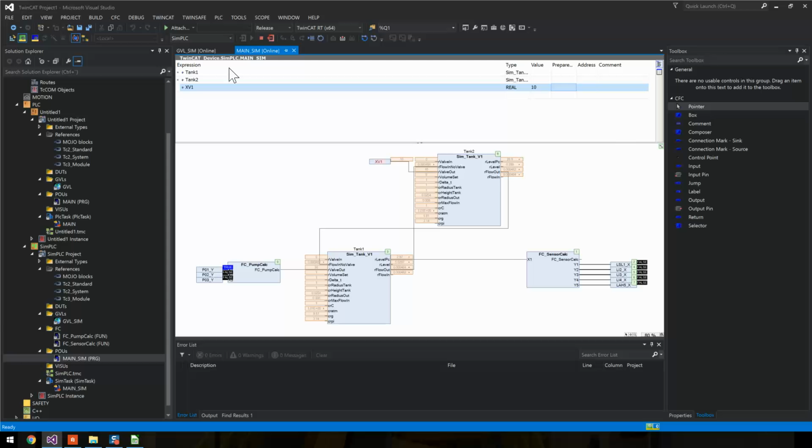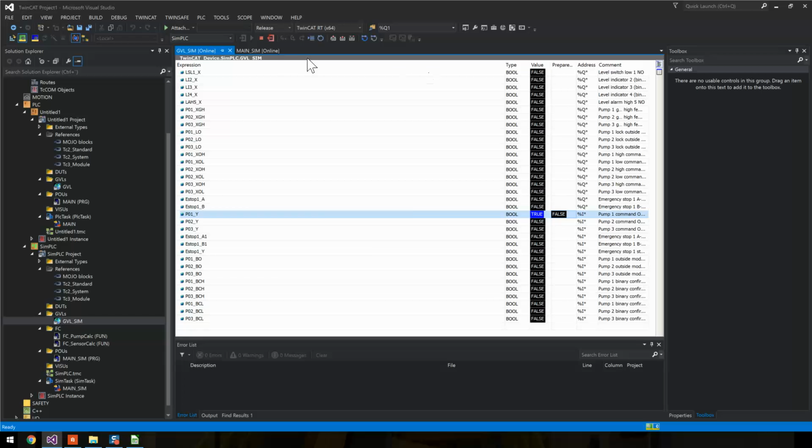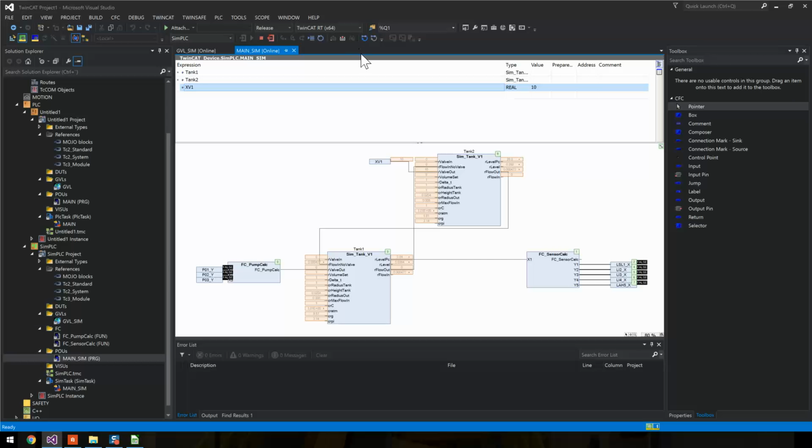If we switch off the pump again now, there's no flow going out of tank 1 because all the 3 pumps are off. The level is increasing because this manual valve is 10% open, and there's still water in tank 2.